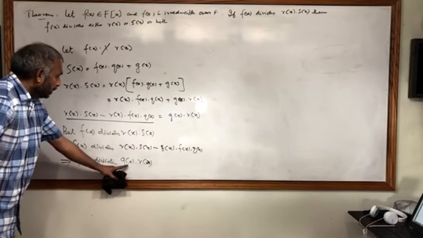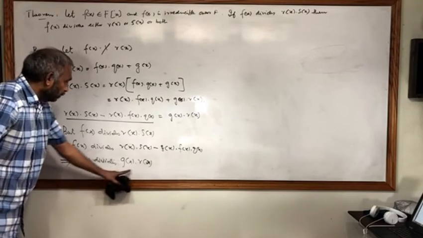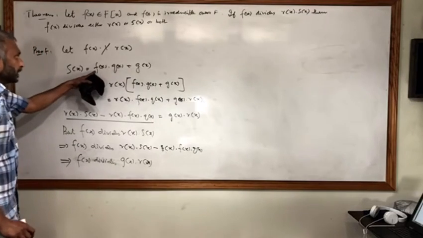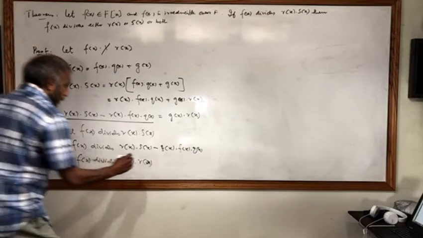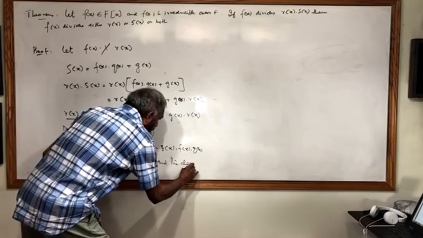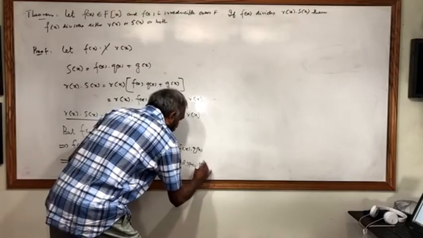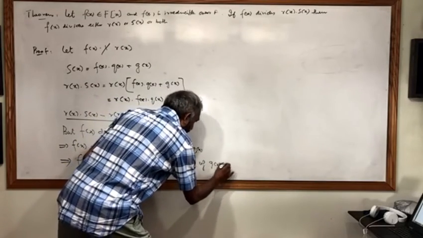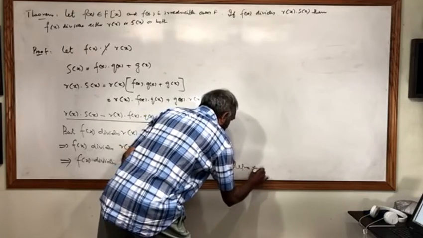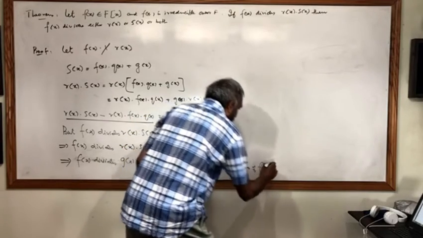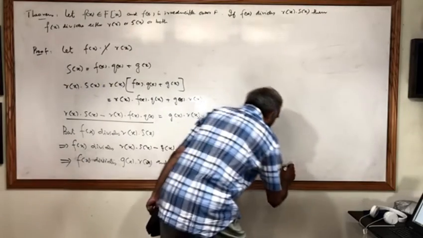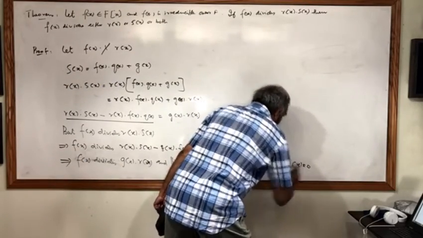So that means, g of x, the degree of g of x is less than the degree of f of x, strictly less, and that implies g of x equal to 0.